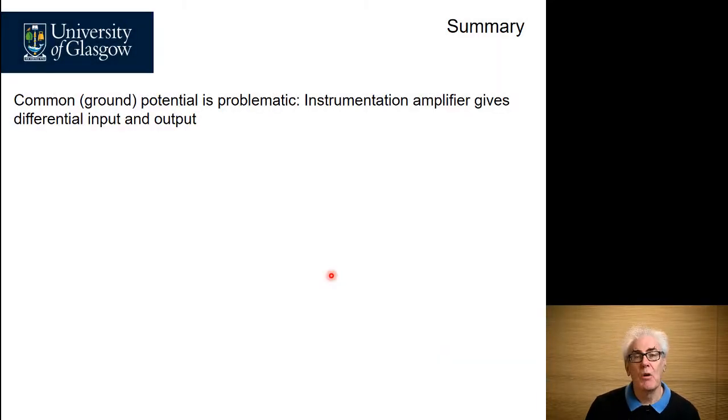So let's summarize what we discovered about instrumentation amplifiers now. Wherever we are trying to amplify signals where common ground noise or ground signals is a problem, the instrumentation amplifier is a solution to that, because the instrumentation amplifier provides a differential amplifier gain and rejects the common mode signal, which is appearing on ground.